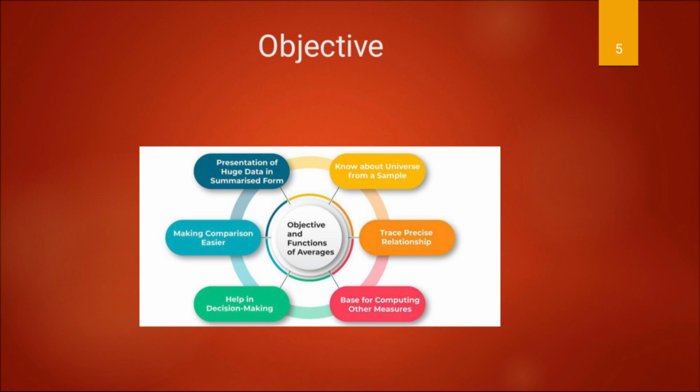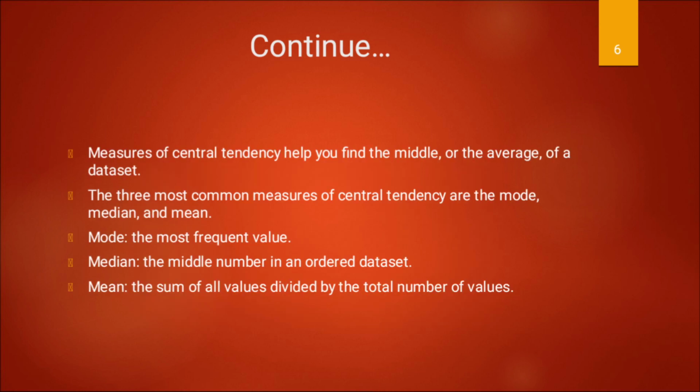Moving to the next point, measurement of central tendency helps us find the middle or average value of a data set. The three most common measurements of central tendency are mean, median, and mode. Mode is defined by the most frequent value.